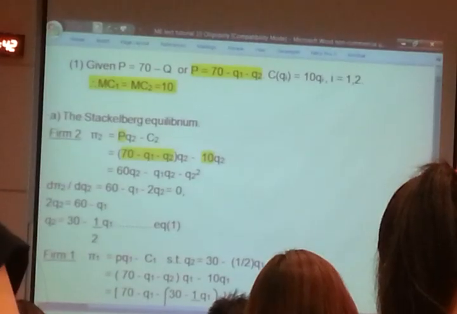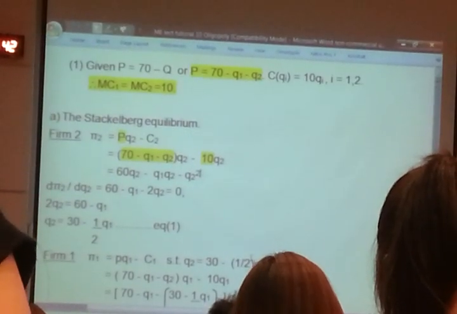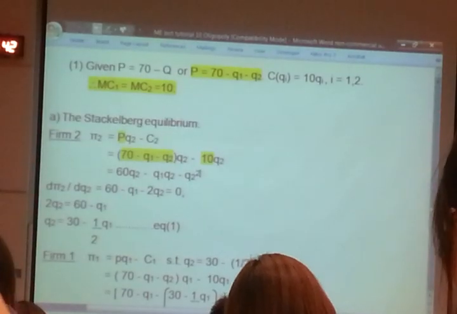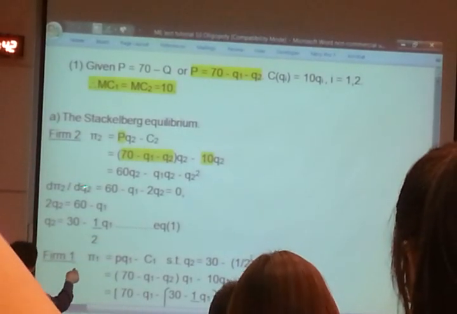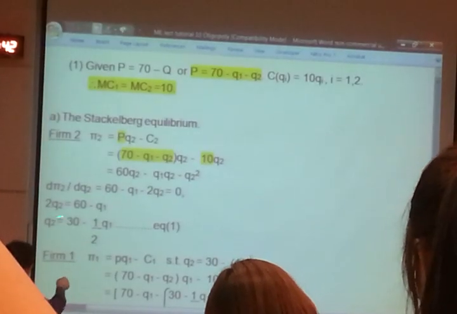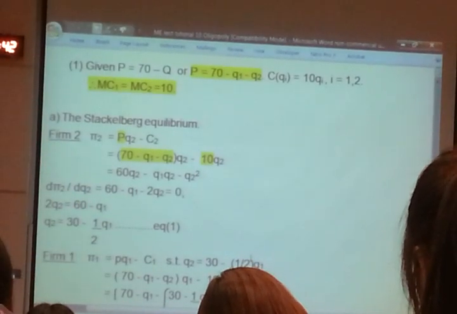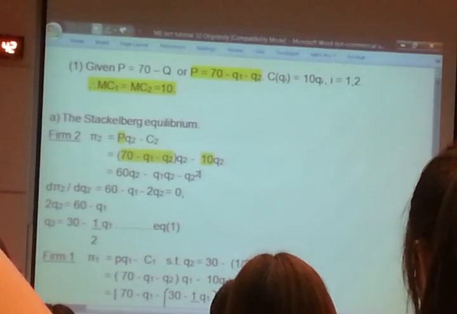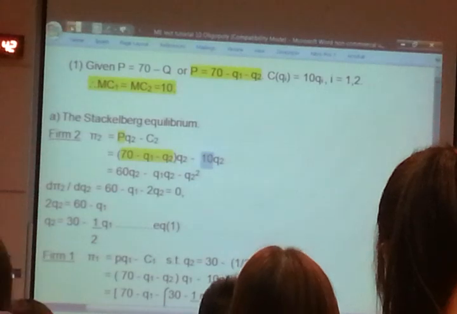So from here we do our analysis. We simplify the equation a little bit first. So this profit will be Q2 times this, and we solve and we find Q2. Ultimately, what is the optimal output for firm 2?